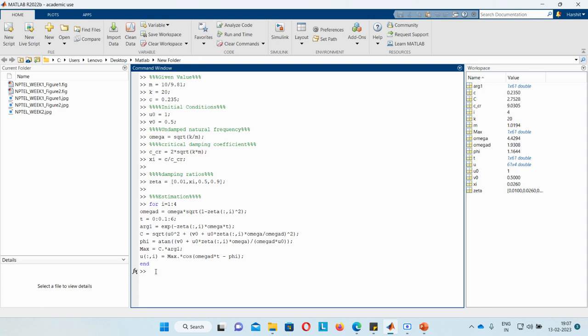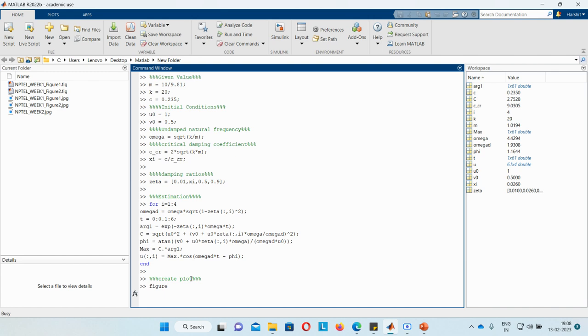Okay, now we'll see how to plot. Once we have defined everything, we need to create a plot so that we can visually see what has happened. So creating the plot is our next step. Now we have four plots here. For four zeta values, I will have four displacements. You can see the displacement matrix is 61 cross 4, so there are four different sets of values.